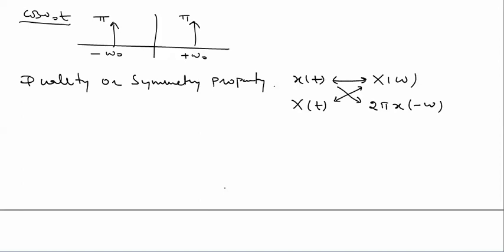Now we apply this symmetry property to different types of signals. x(t) is delta t, whose transform is 1. After applying the symmetry property, we can rewrite it this way: all the components in this one are replaced with t, all the components of omega replaced with t, and 2 pi delta of minus omega.